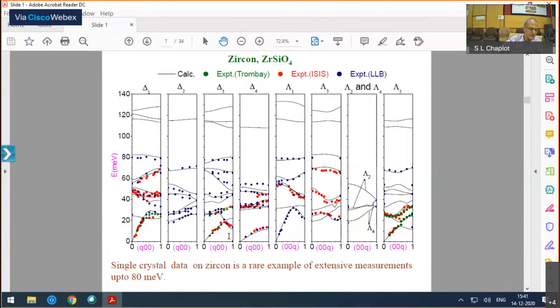So what are the group theoretical details of that phonon, which are essentially characteristic of the symmetry of the crystal structure and may not depend heavily on the nature of the interatomic force field or interaction between atoms. So these are some of the things.